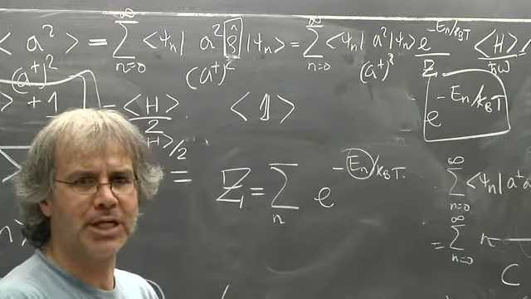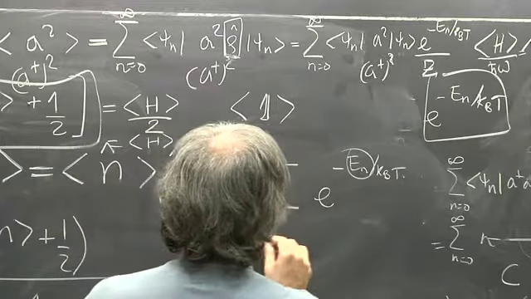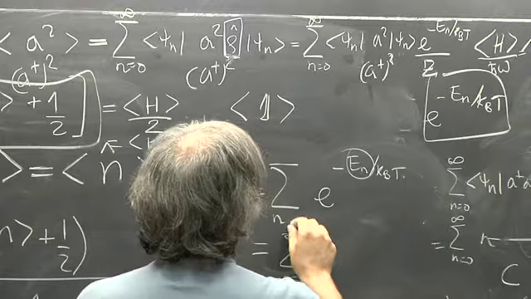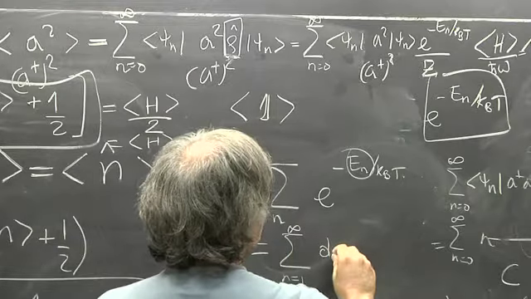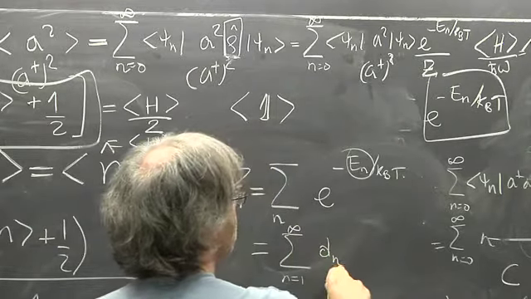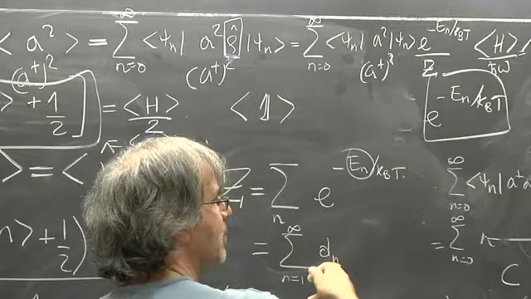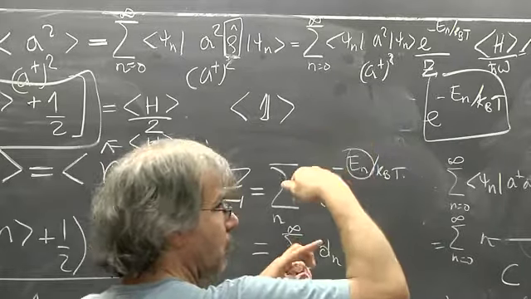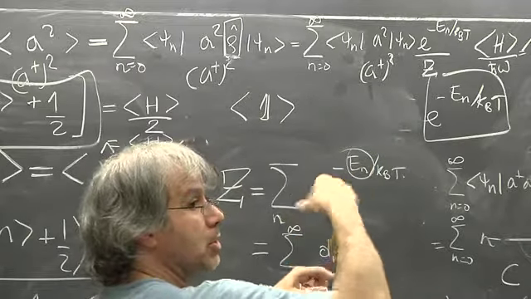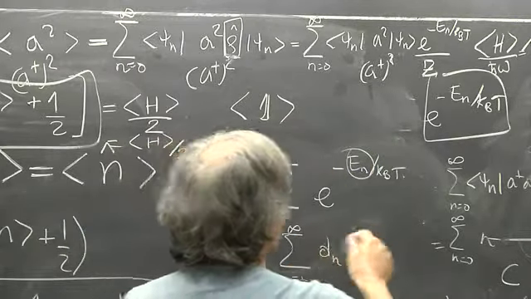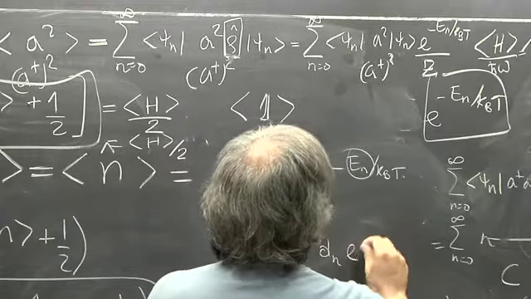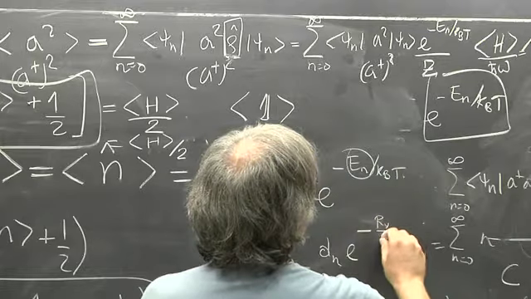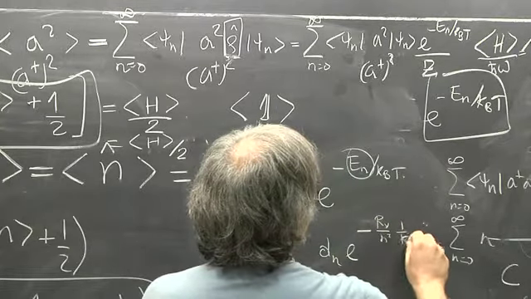Apart from the degeneracy, which I can count here, I have the sum over n from 1 to infinity of the degeneracy of the state, which is 1 for the ground state, 4 for n equal 2. I think it's n squared. You can count them. Times e to the minus Rydberg divided by n squared divided by kBT.